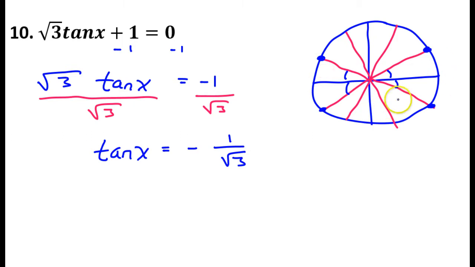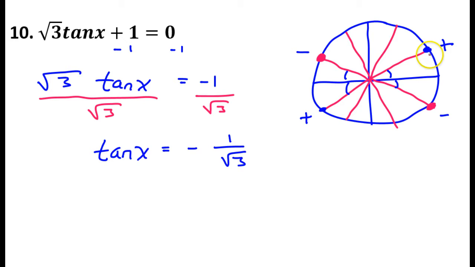So each one of these 4 angles will have a tangent of 1 over radical 3, except 2 of them will be negative, and tangent is negative in the second quadrant and in the fourth quadrant. So if I want a -1 over radical 3, it's going to be one of these 2 angles right here. So we're talking about this angle and this angle.